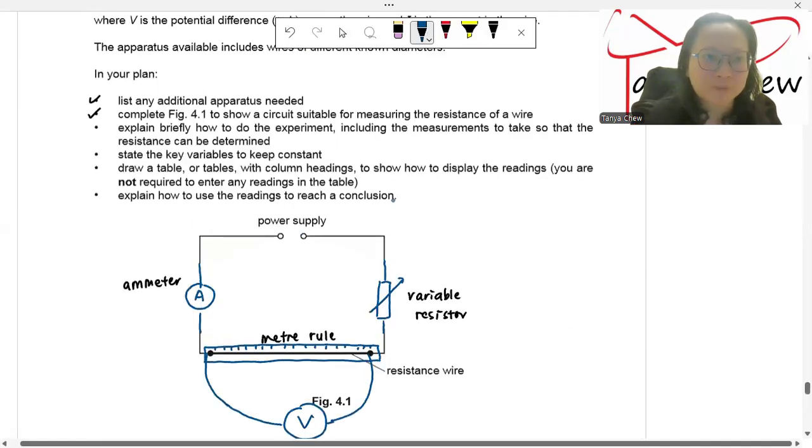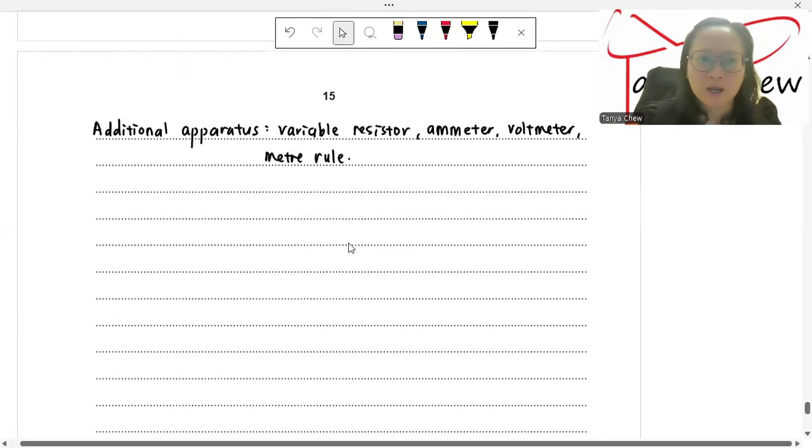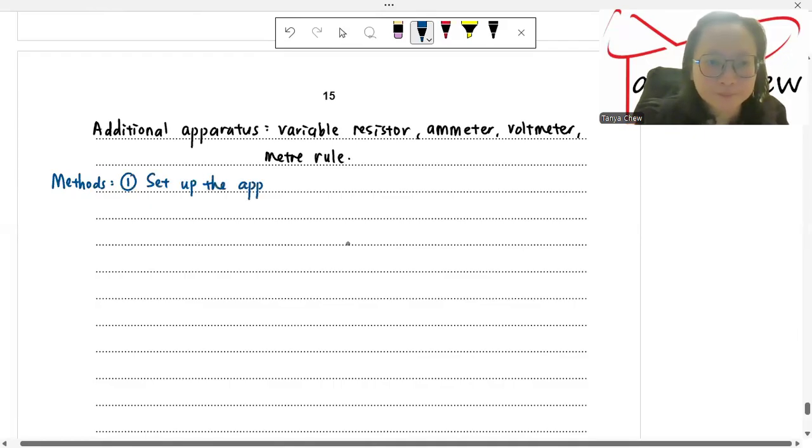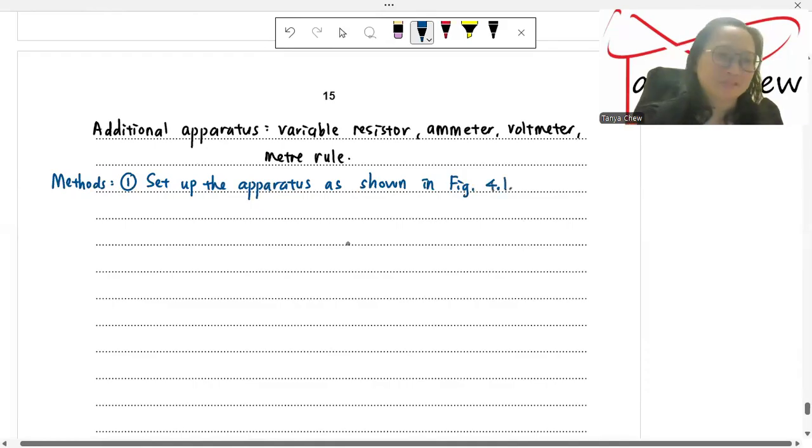And the third one, explain briefly how to do the experiment, including the measurements to take so that the resistance can be determined. Okay, I'm going to do it now. That is under methods. So first of all, be polite, set up the apparatus as shown in Fig 4.1.